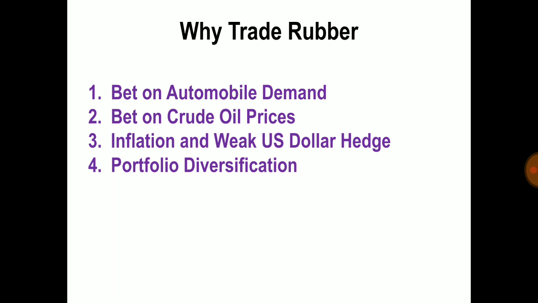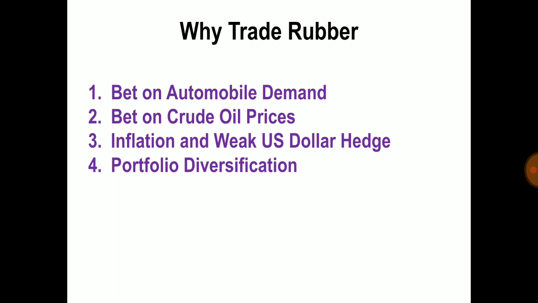Low rates mean affordable access to credit markets. Since most buyers finance automobile purchases, rates play an important role in determining the demand. As long as rates remain near historically low levels, demand for cars and therefore rubber should be strong.